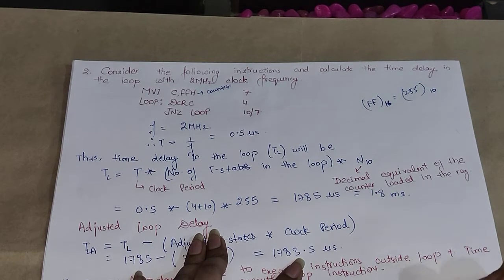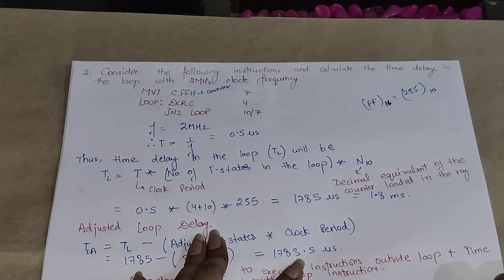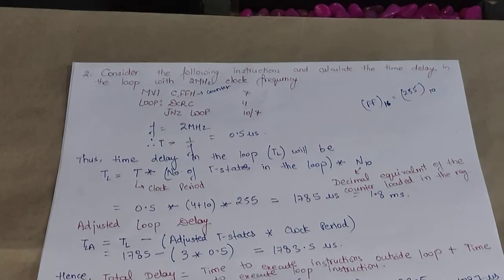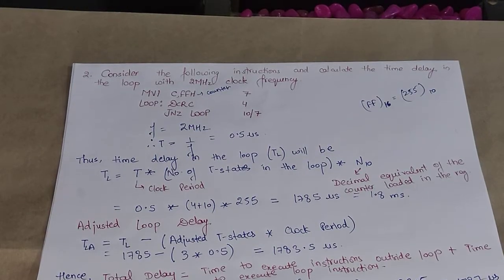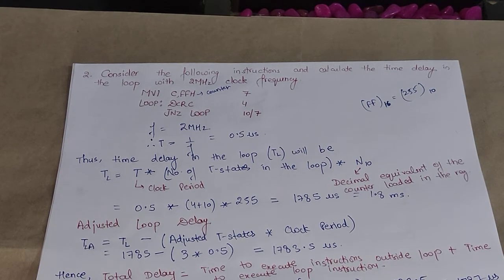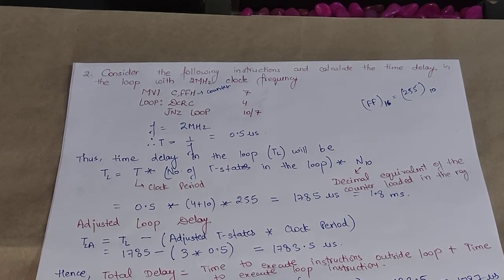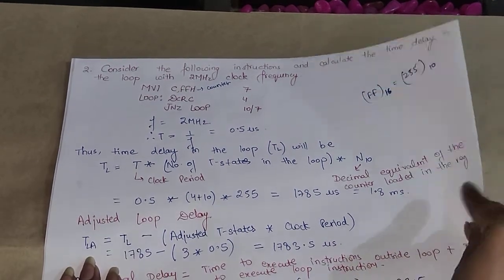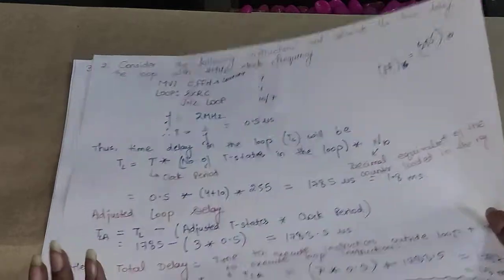So this is equivalent to 1787 microseconds, or you can say 1.8 milliseconds. Okay, so in this single question I have explained how to calculate the time delay inside the loop, how to compute the adjusted loop delay, and the actual total delay. Okay, let's move to another question.